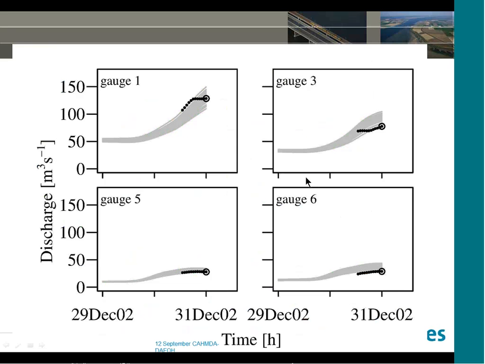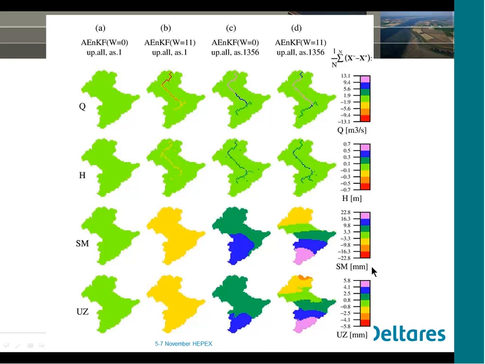And if we go back to this plot, you also see that for gauge number 6 the ensemble is too high, so water has to be removed. In this way, the asynchronous filter is able to make this update more distributed.